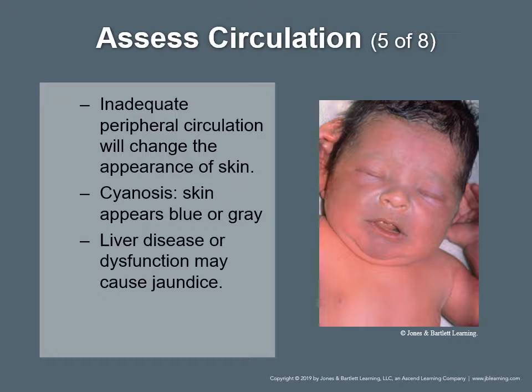You can also be a different color like yellow from liver disease, or jaundice, that's called. There's a mottled color, a gray and blue blotchy kind of color, and that's really bad perfusion. So that's not a good thing.